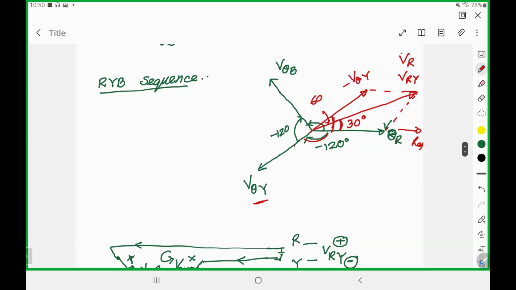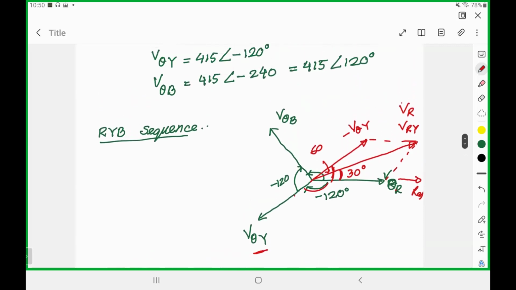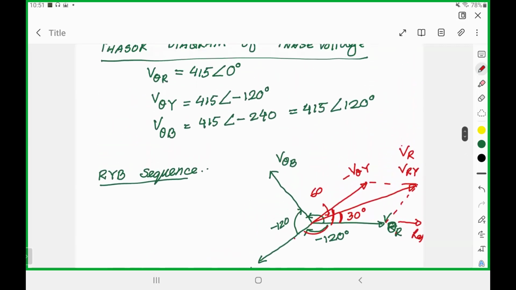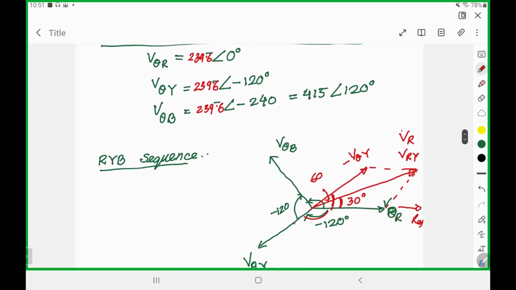Now we know this line voltage. Oh, sorry, this one would be 240. That was my mistake, sorry for that. So this one would be 240, right? 239.6. So we have considered the phase quantity 239.6. So this one is done.